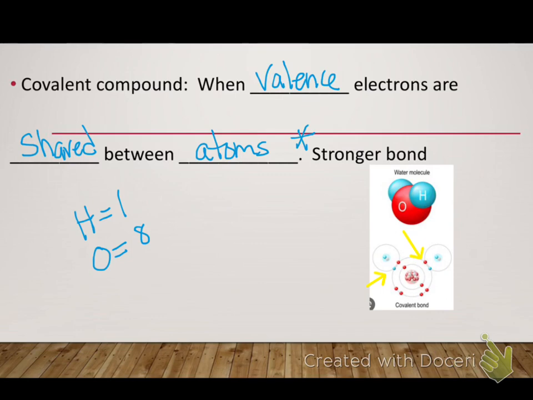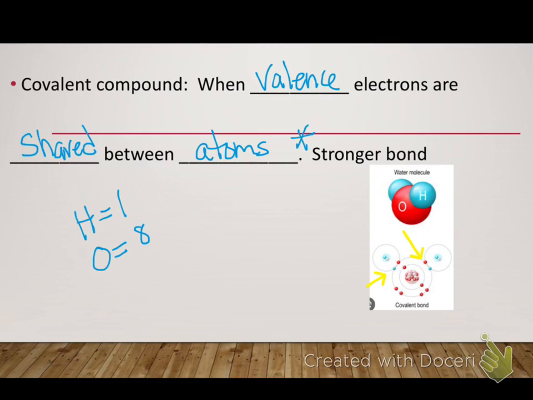That's why there's 2 hydrogens there, because oxygen needed 2 to have a full, happy outer shell. So that's a covalent bond. They're sharing them, and it holds them together. It makes a stronger bond because they're shared. It's not giving or taking. It's sharing it. They both have it.